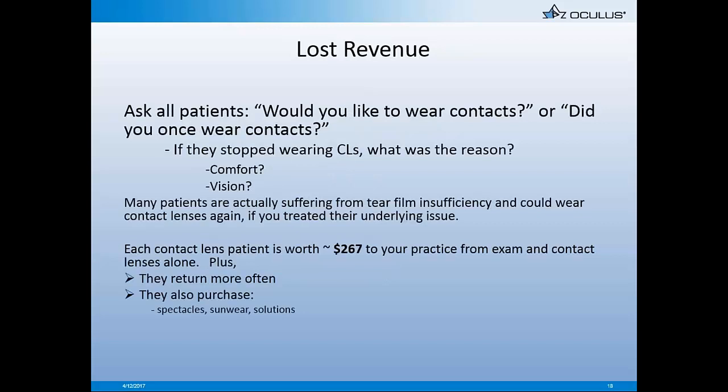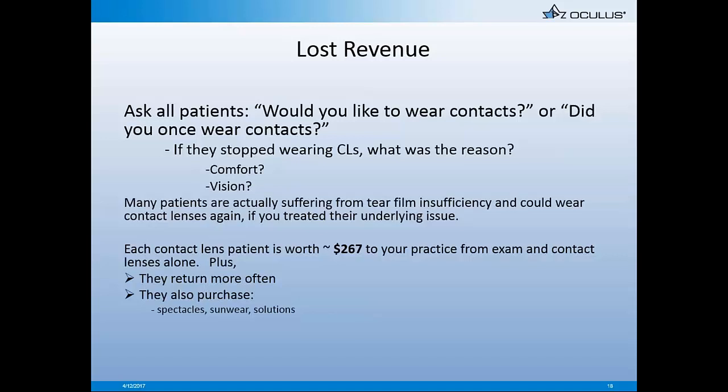Now, here's a part that I was talking about earlier about contact lenses. It's just another area of some lost revenue. Realizing that a lot of these contact lens patients dropped out because of tear film insufficiency, you'll actually start to help these patients that once dropped out.